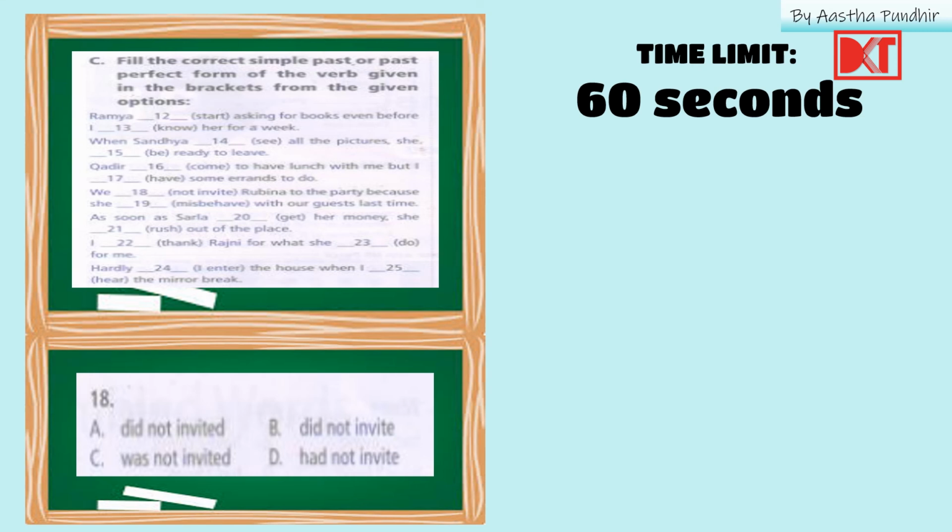So how will we form this? Did not invite. Okay, why did not invite and not invited? Because as I told you, when did is already in the past tense, here you use the V1 form. So here the correct answer is B. We did not invite Rubina to the party.